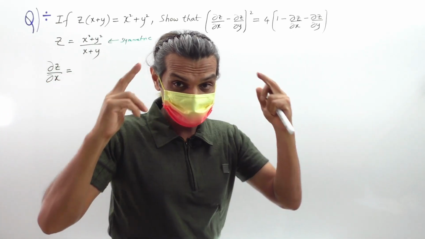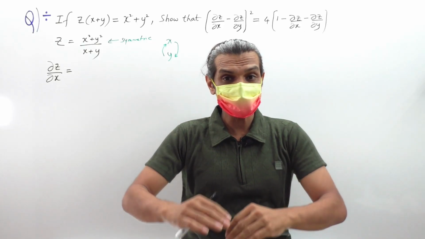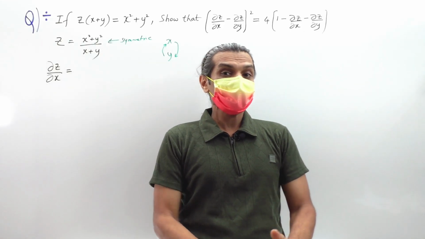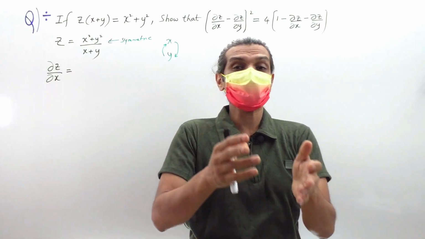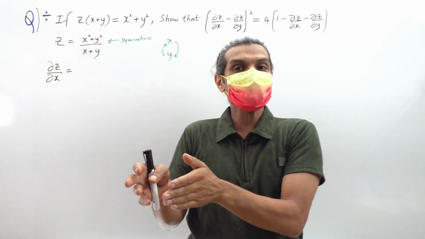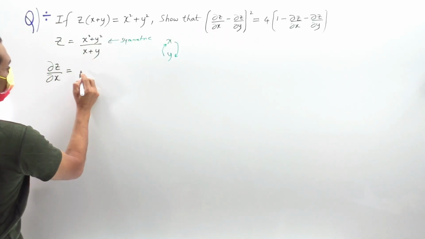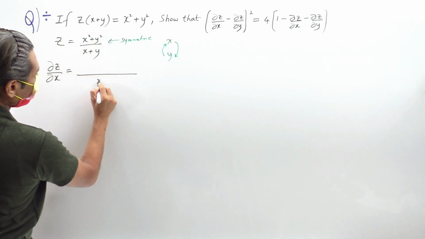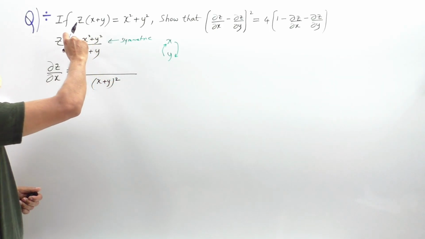What it says once again: differentiation of first by second function is the denominator, second function square, in the numerator the second function as it is into differentiation of first function minus first function as it is into differentiation of second function.